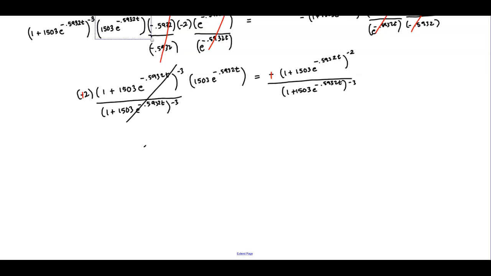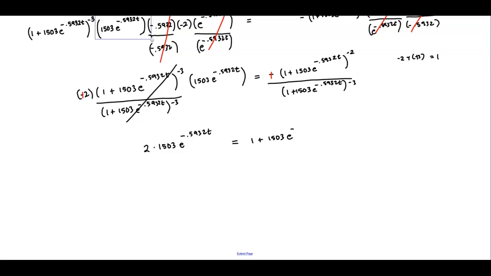So here we end up getting 2 times 1503 e to the negative 0.5932t. And over here we have the same base, so that means the exponents are going to be negative 2 minus negative 3, which is plus, which is going to give us 1.